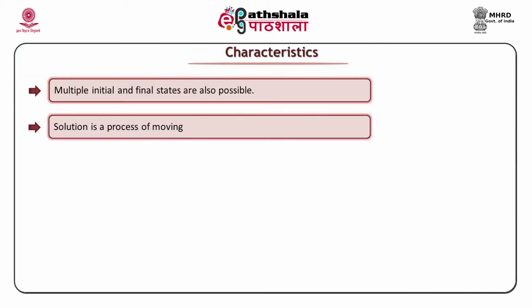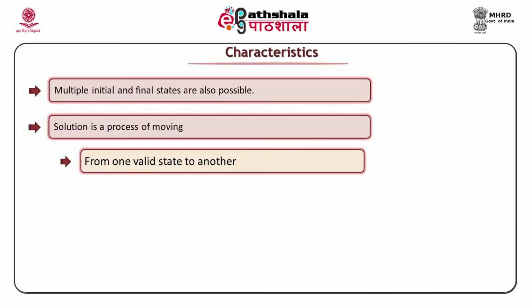What is the solution? The solution is about moving across the state space. Now we have that initial state and final state. So, we begin from an initial state, we move across the state space using the moves that we have. We will only be able to use legal moves. So, we can't jump from one state to the other unless we have a legal move connecting them. So, we start from the initial state, we move across the state space and we reach the final state.